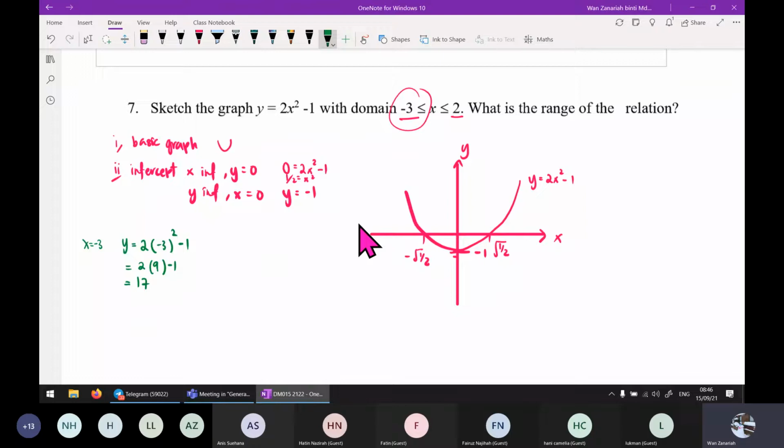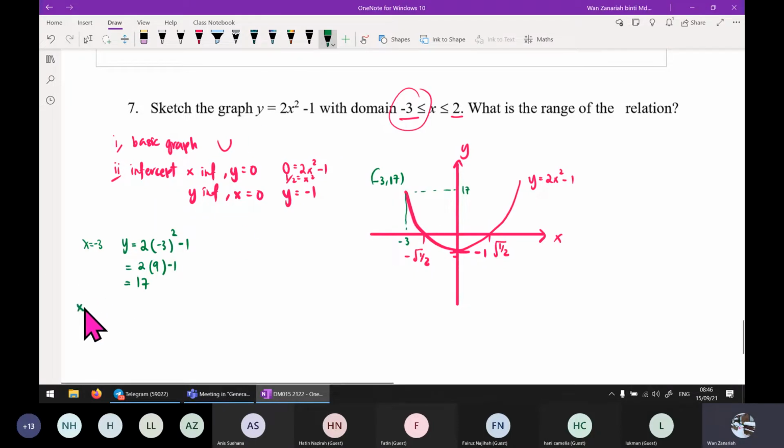Okay, so when x is negative 3, you punya ni adalah 17. It's either you nak buat garis dia ataupun you tulis dalam bentuk koordinat. Either lah. Buat dua-dua, kalau tak serabut nampak kemas, boleh teruskan lah. But then either is memadai already.